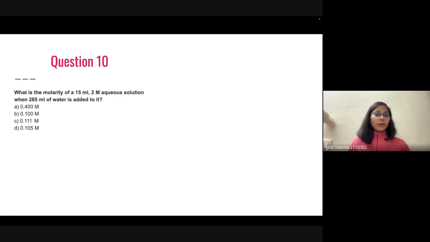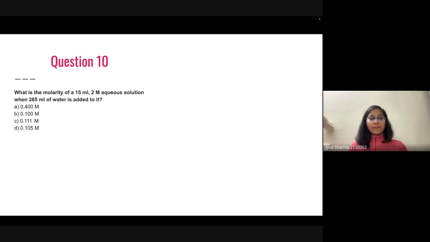Now the question: find the molarity of the 15 ml of 2 molar aqueous solution when 285 ml of water is added. We use M1V1 equals M2V2, but you have to keep in mind that the new volume will be 285 plus 15, because you are adding water into that. So your new volume will be 300.